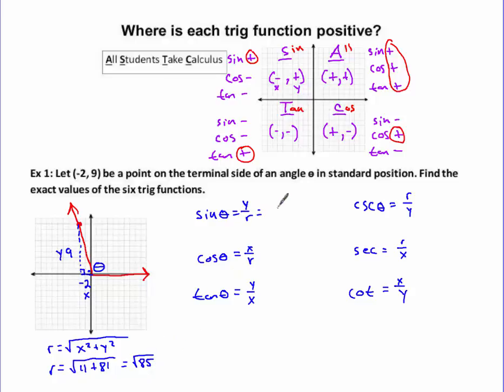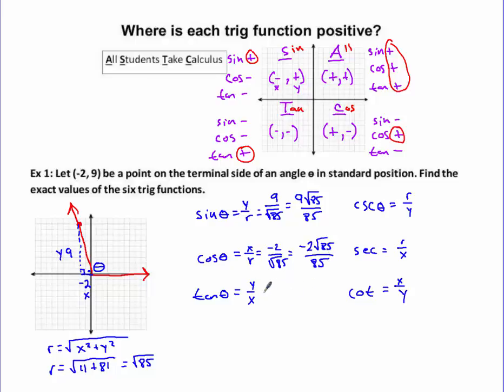So y over r is 9 over the square root of 85, which equals 9 square root of 85 over 85. X over r is negative 2 over the square root of 85, which equals negative 2 square root 85 over 85.